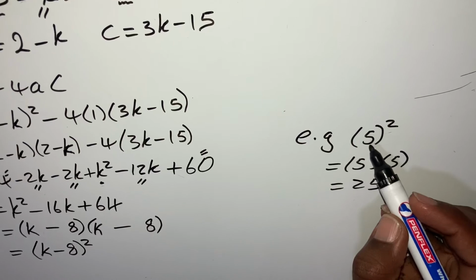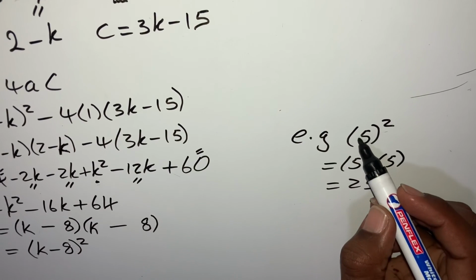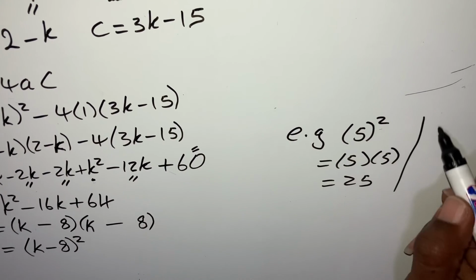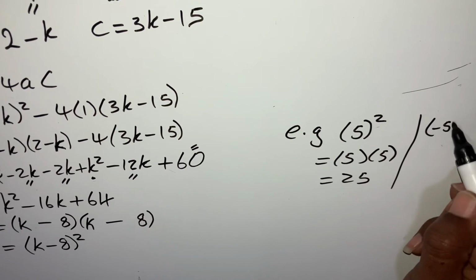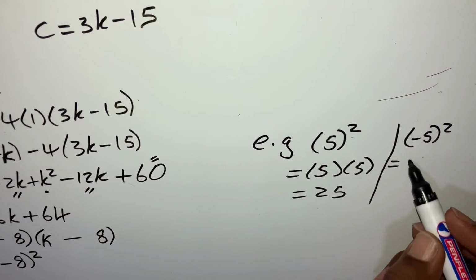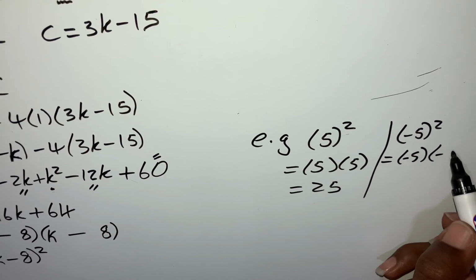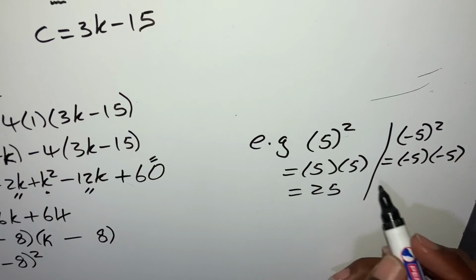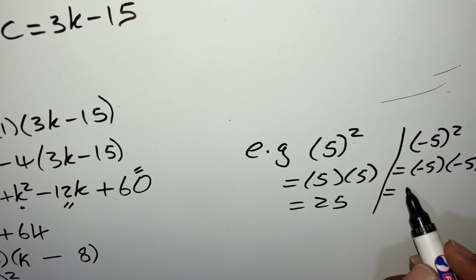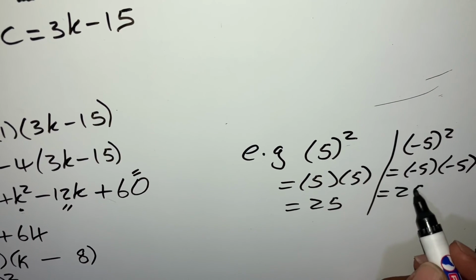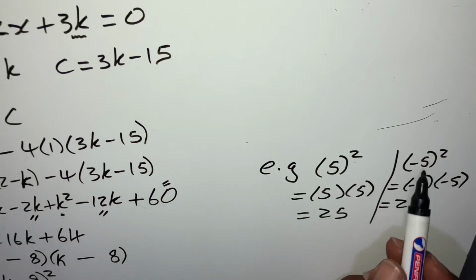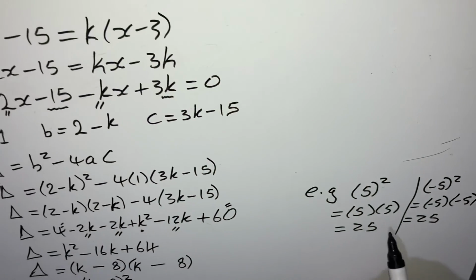Even if this was negative 5, negative 5 squared, we still want to get negative 5 times negative 5, which will give us 25. So everything squared, whether positive or negative, you get a positive.